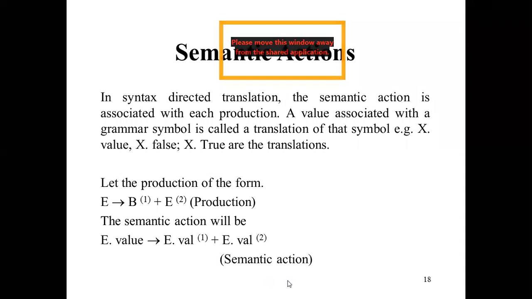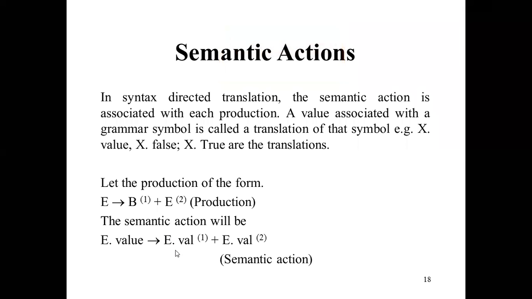Such an action is called the semantic action. This is the given production, this is the given expression, and we write E.value, E1.value, E2.value, or we can also write .val.